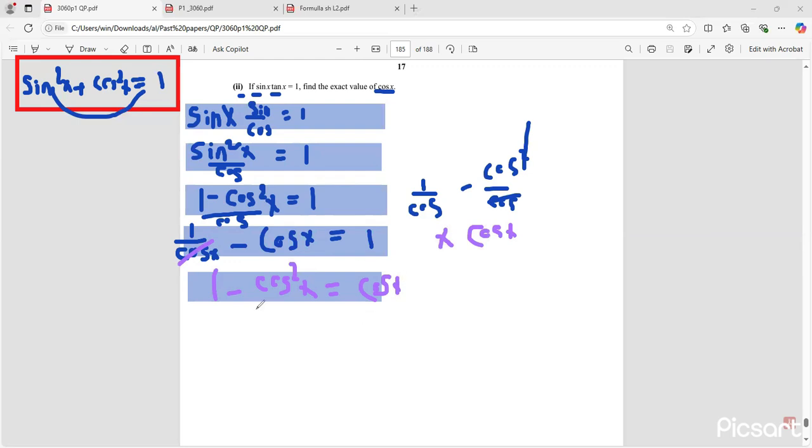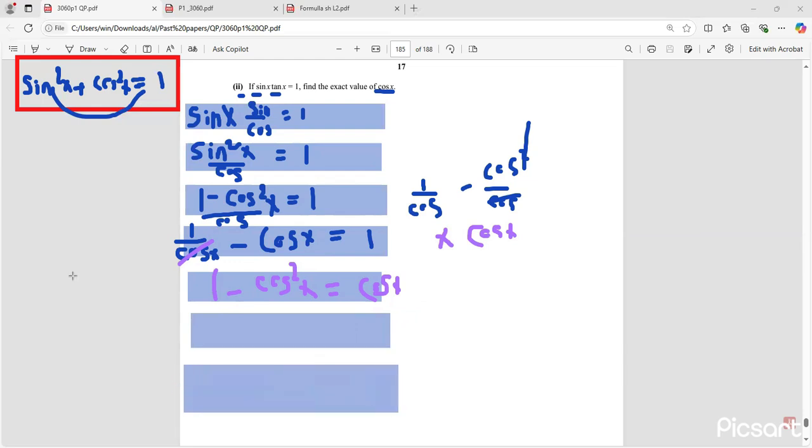Now I'm going to move all of these here just to solve it simply. You see that the last 2 or 3 questions of the exam are really hard. So step number 6 and 7.